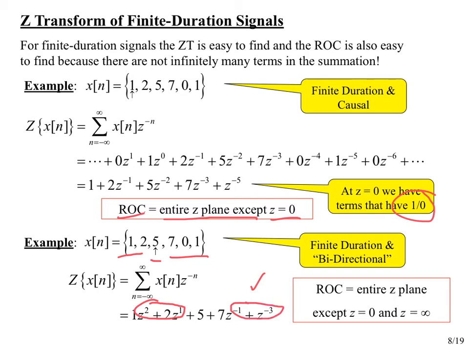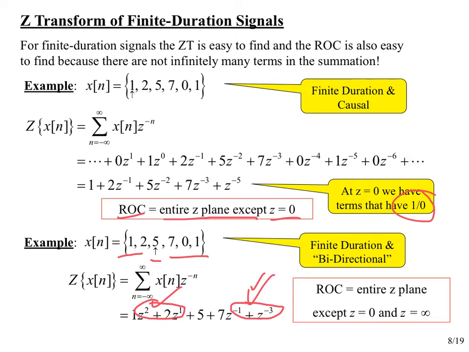And so now we can look at this and say, well, all right, when z is equal to 0, these 2 terms will explode. And when z is equal to infinity, these 2 terms will explode. So we have to exclude those, but any other value of z, we don't get any explosion whatsoever.